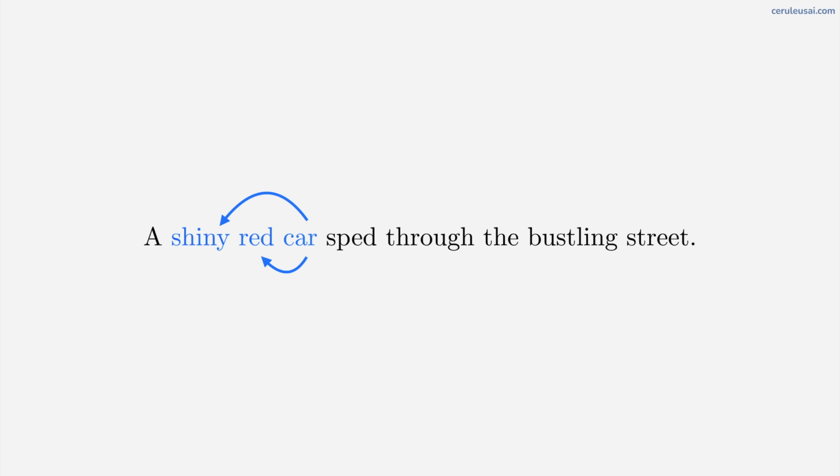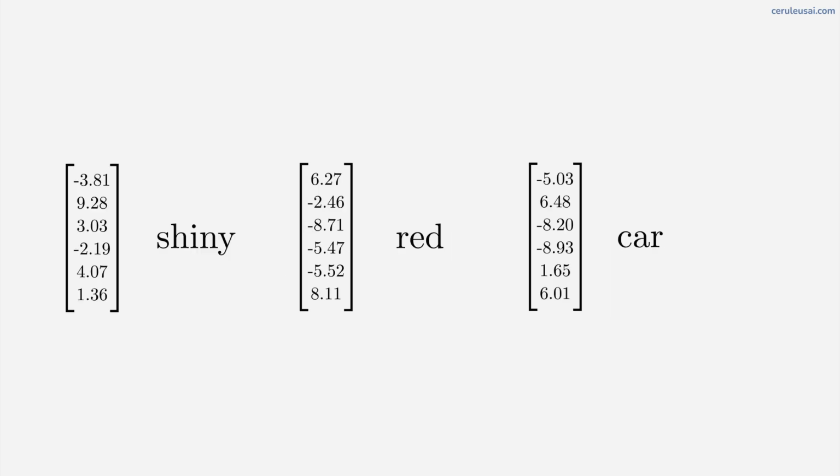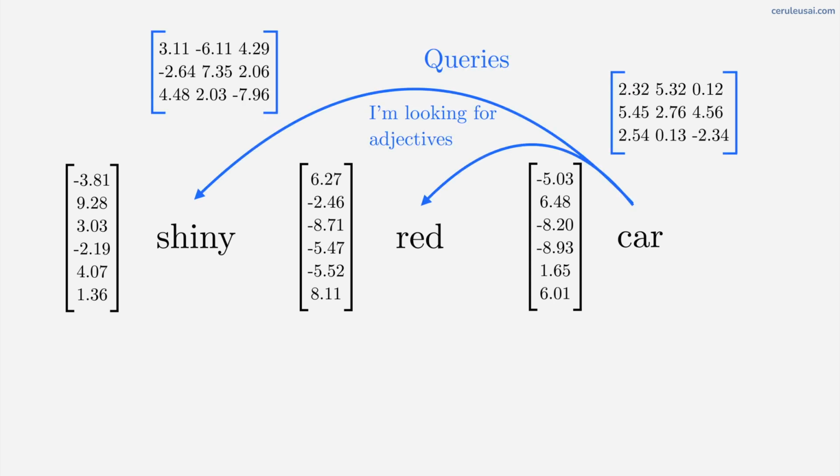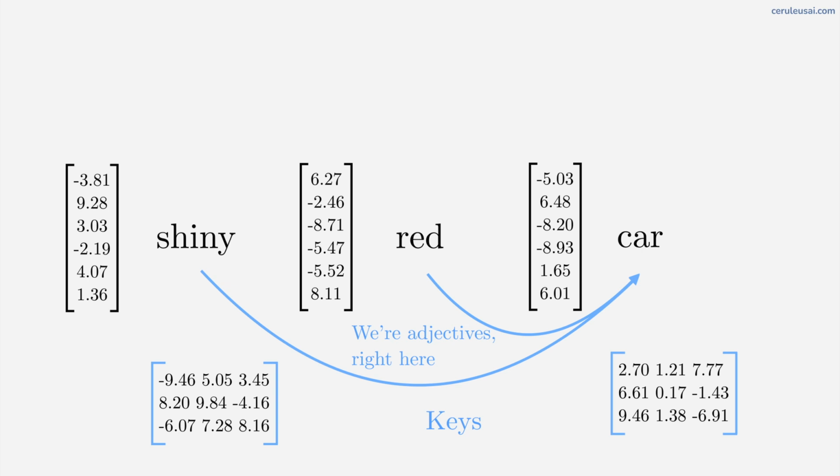Now, behind the scenes, each token is equipped with a little numeric representation of a question, what's called a query, and an answer, often called a key. Picture each word sending out little signals that say, I'm looking for adjectives, or I'm an adjective that modifies nouns. If car has a question like, which adjectives belong to me?